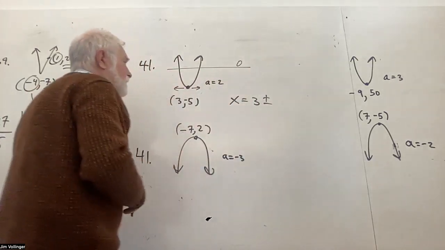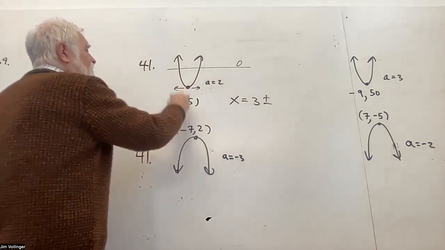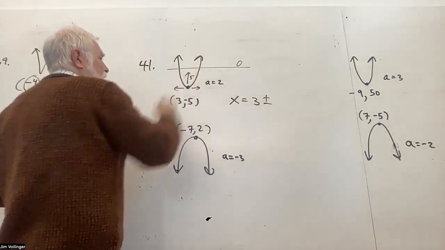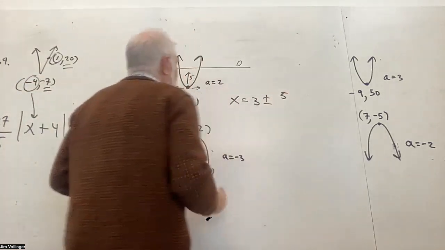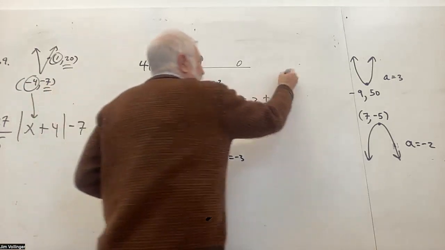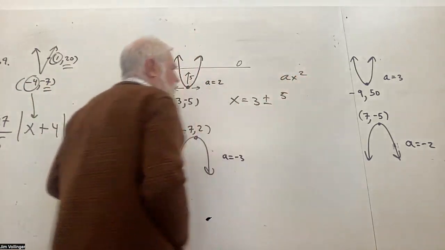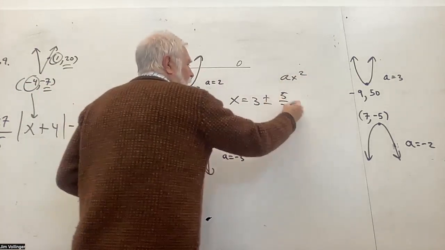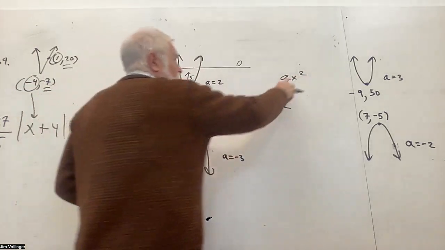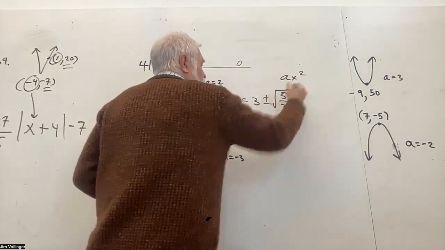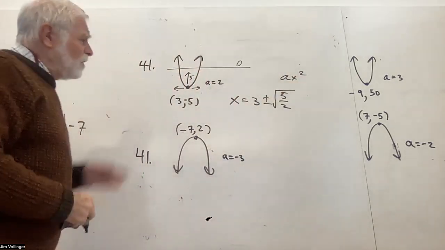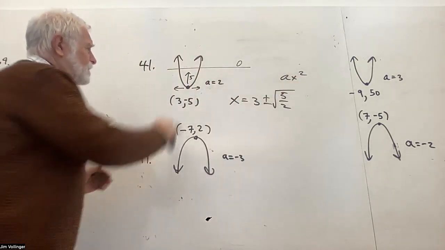That's what roots are. Well, I think I need to go up 5 units. But if I'm multiplying by 2, because an a is the multiplier of the squaring process, then I only want half of that. And if I'm squaring, I better start with a square root. In other words, it's a 5-second question.